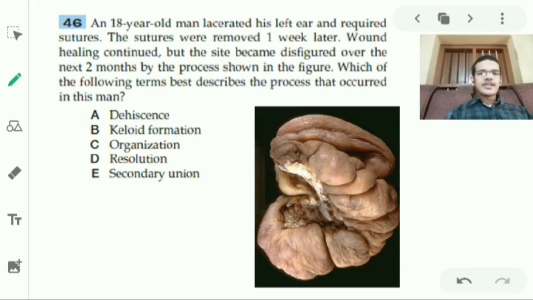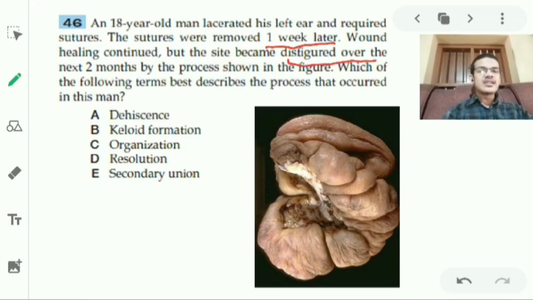The next one, an 18-year-old man had a cut in his left ear and required suturing. The sutures were removed 1 week later. Wound healing continued, but the site became disfigured over the next 2 months. Which of the following terms best describes the process?